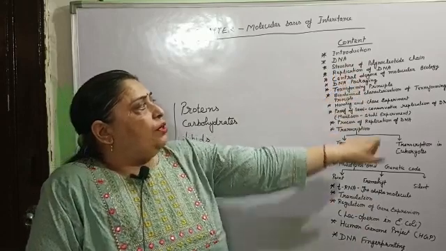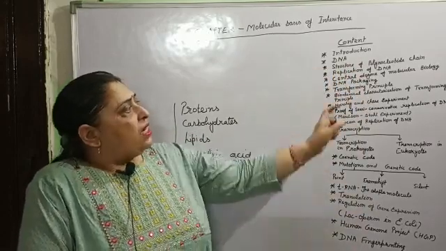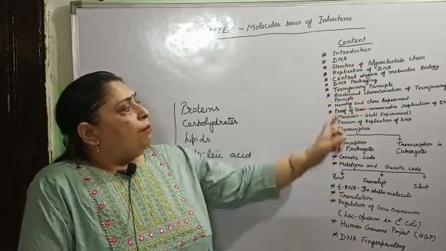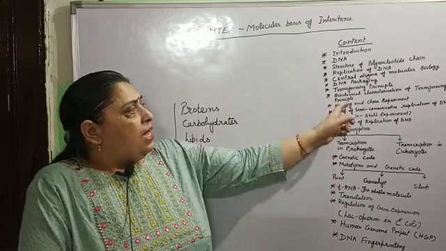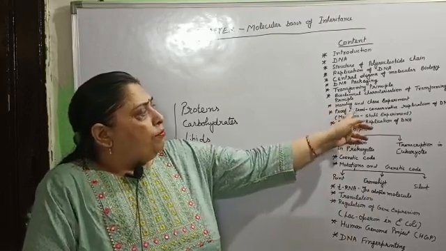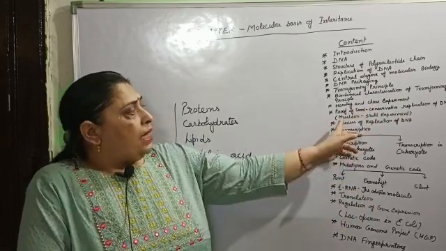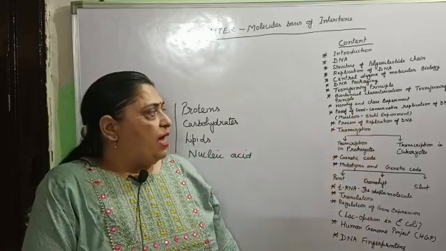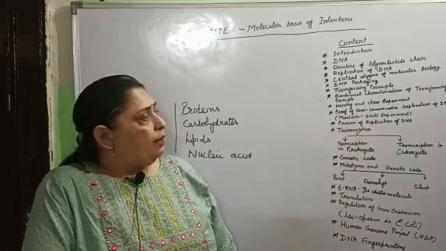After that, central dogma of molecular biology, DNA packaging, transforming principle, biochemical characteristics of transforming principle, Hershey and Chase experiment. After that, proof of semi-conservative replication of DNA through the Meselson and Stahl experiment, process of replication of DNA, how the DNA replication will take place.